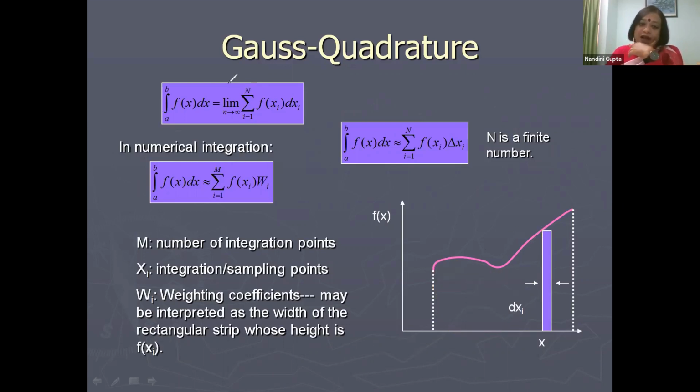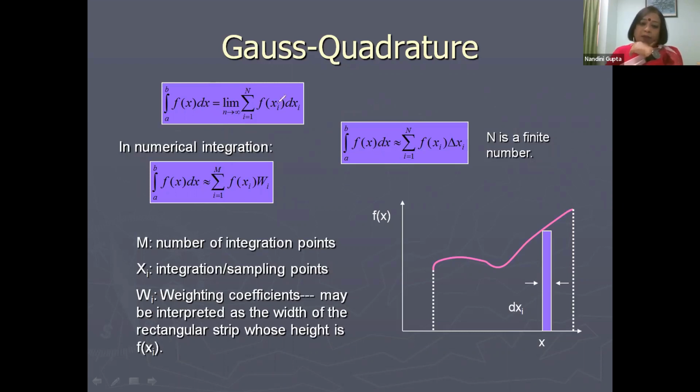So essentially, I would like to work with limits N tending to infinity, but that's not going to be possible because we will have to take a discrete number of points. So what I do is, see, this is equal to, and now I am approximating it. If it were infinity, I would get the exact value. I am not going to get an exact value with numerical integration techniques. I already accept that. I would just like to make it as accurate as possible.